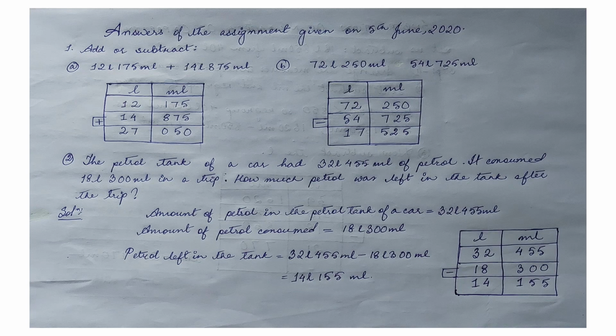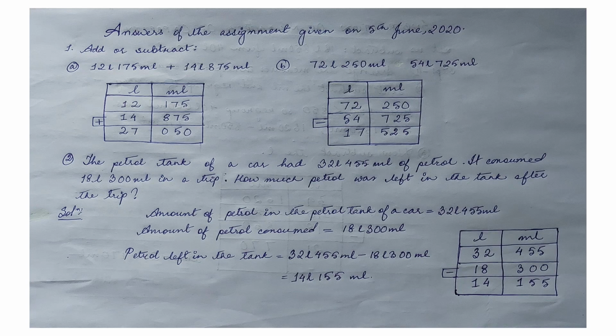The next question is, the petrol tank of a car had 32 liter 455 milliliter of petrol. It consumed 18 liter 300 milliliter in a trip. How much petrol was left in the tank after the trip? So we have to find the amount of petrol left in the tank.